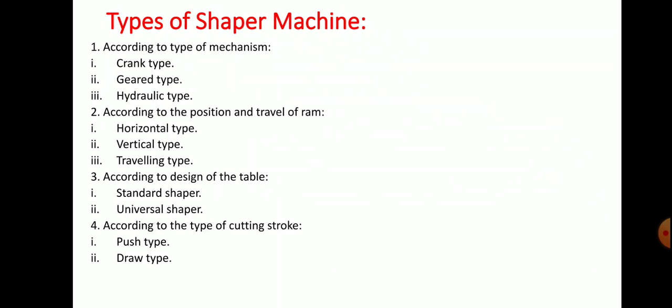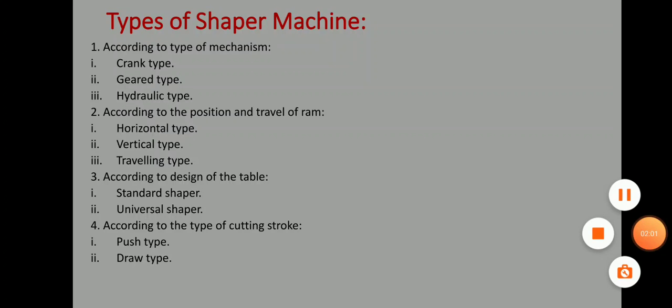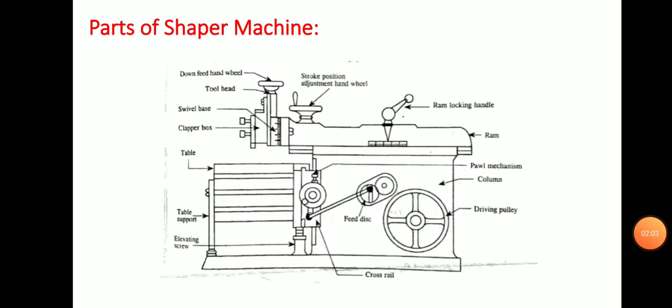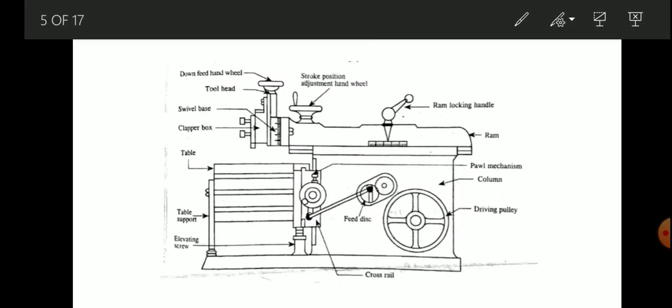Now let us see the parts of shaper machine. Here we can see a simple sketch of a shaper machine which consists of a base, column, driving pulley, ram, locking handle, stroke position adjustment handle wheel.